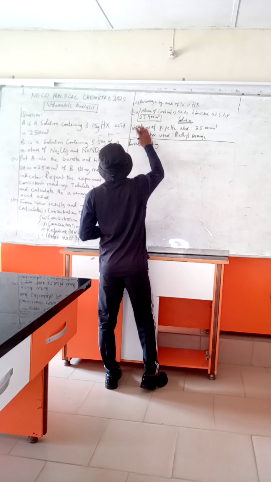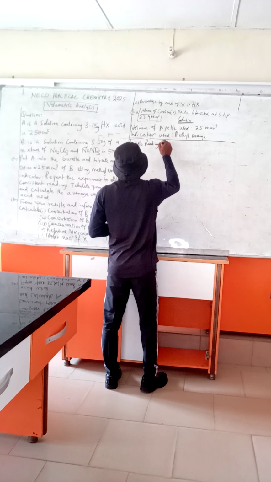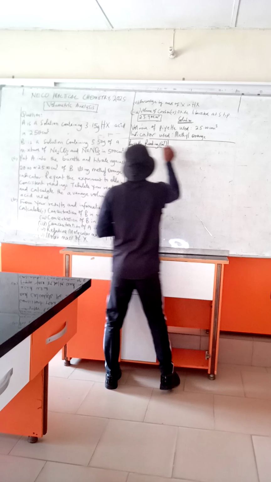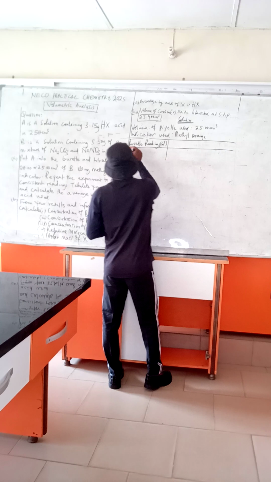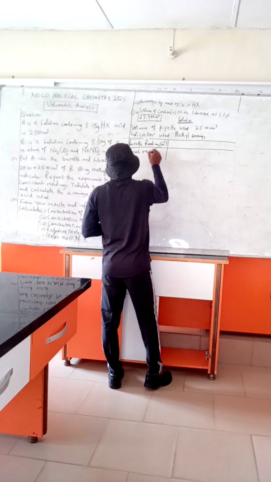This volume should be here. Indicator used. Burette reading must be in cm3. The moment you put burette reading in cm3, there's no need putting the final volume here in cm3.